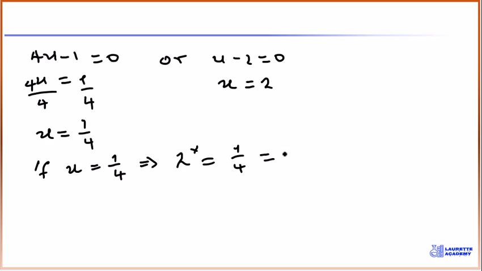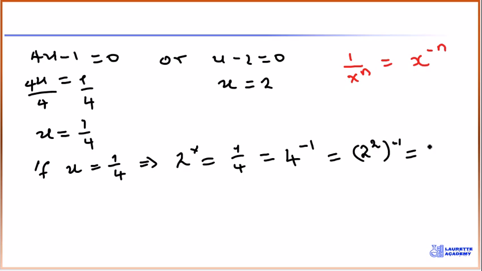1/4 is the same as 4 raised to the power minus 1. Remember this property of indices, it says 1 over x raised to the power n is the same as x raised to the power minus n. And this is the same as 2 squared to the power minus 1.